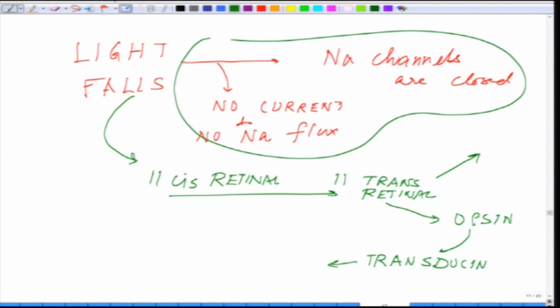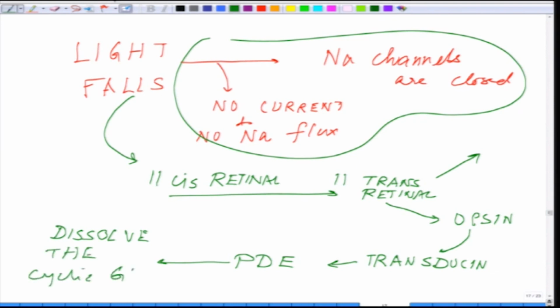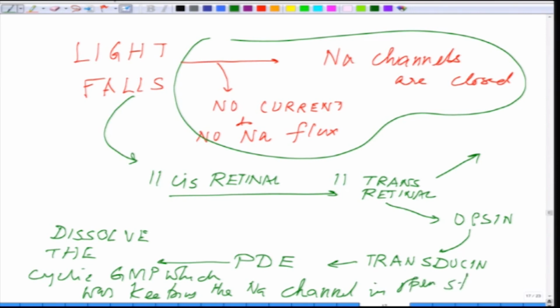This transducin further activates a molecule called phosphodiesterase. Phosphodiesterase then dissolves the cyclic GMP, which was keeping the sodium channel in the open state.